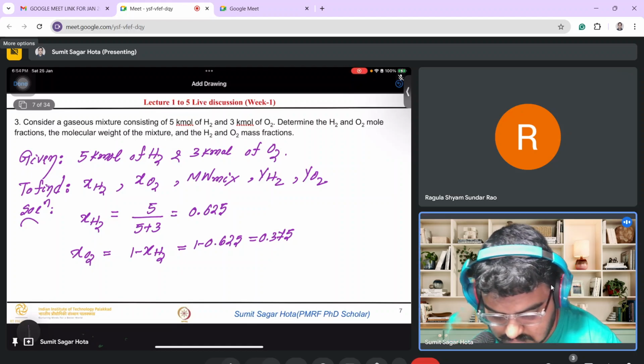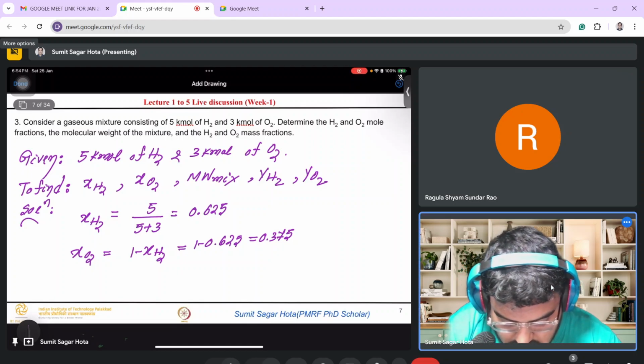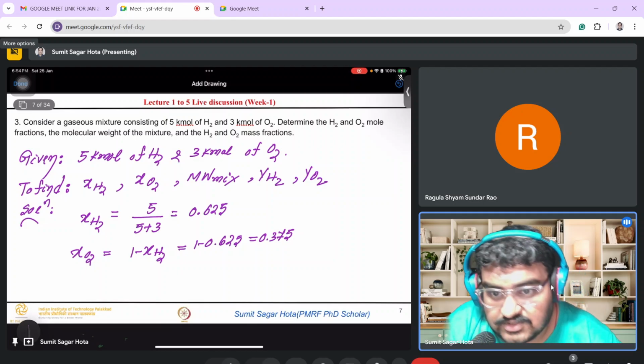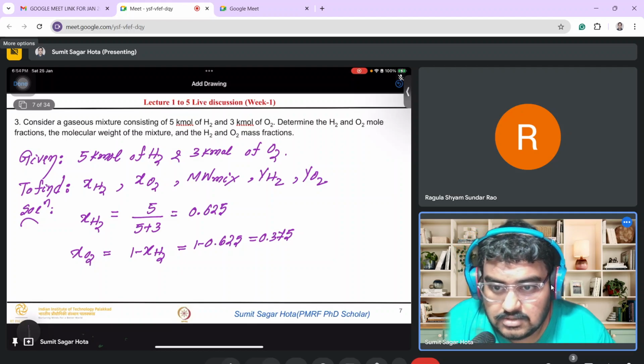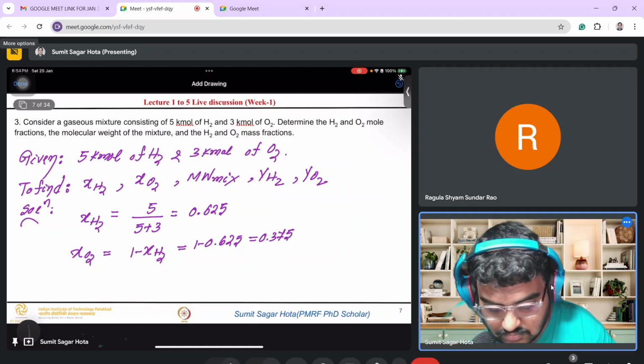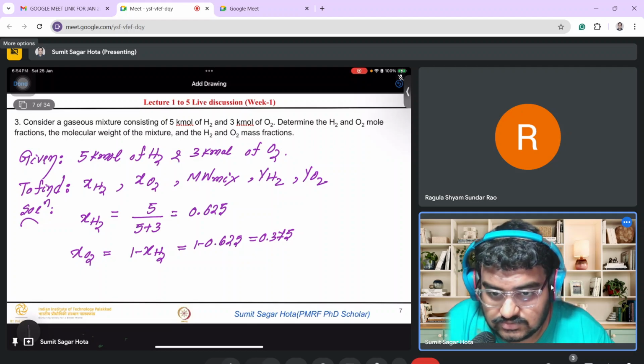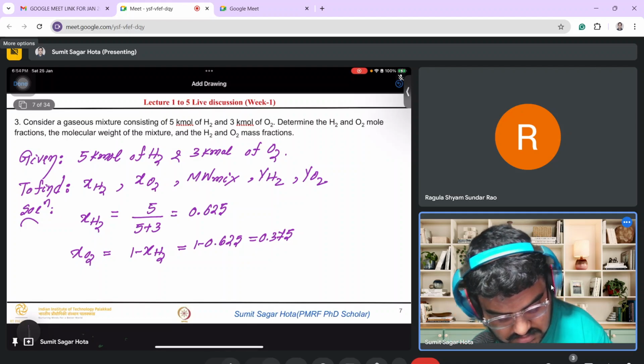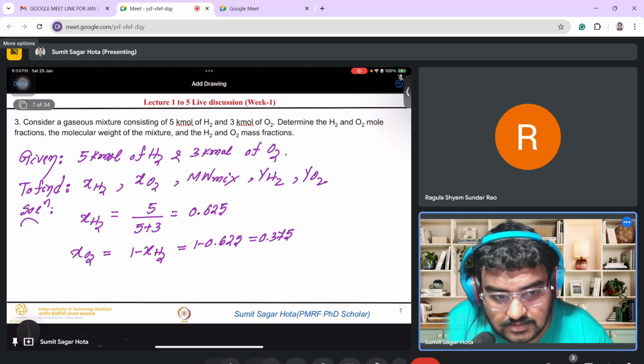For this question, we just calculated the mole fraction of the H2 and O2. Now we can calculate the molecular weight of the mixture.